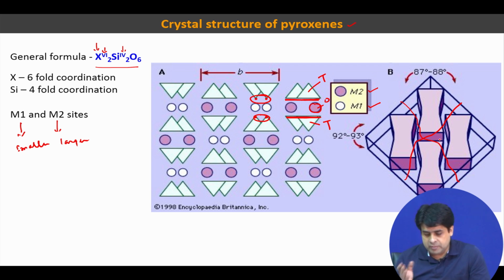So it is 92 and 88 degrees. That is very characteristic of pyroxene. So if you try to identify a pyroxene and you find a set of cleavages that form at almost 90 degrees, we say that this is a pyroxene compared to an amphibole. So this is the crystal structure of your pyroxene.